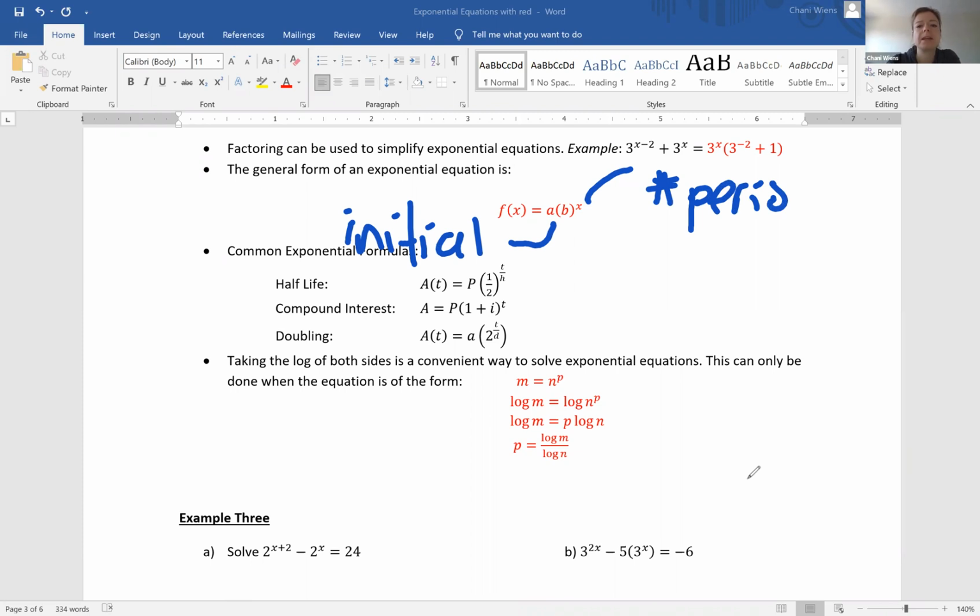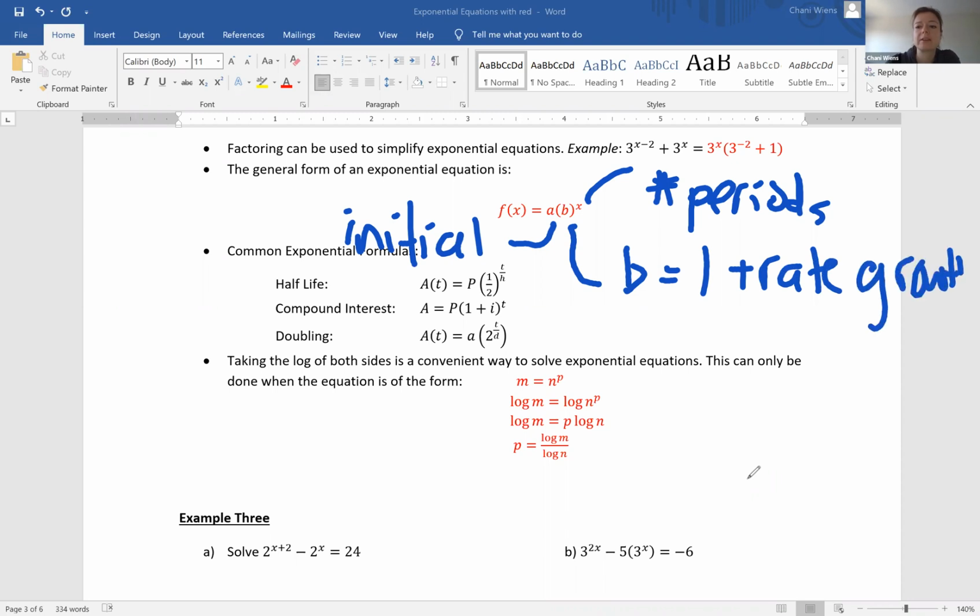But B is really important to remember. B is equal to 1 plus your rate of growth, if you're dealing with growth, or B is equal to 1 minus your rate of decay, if you're dealing with decay.